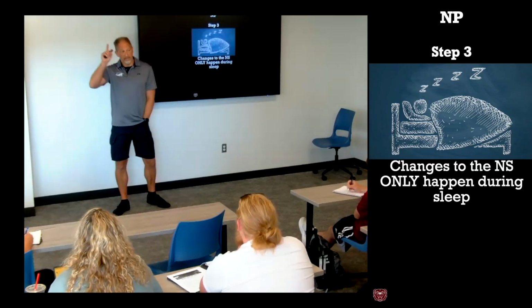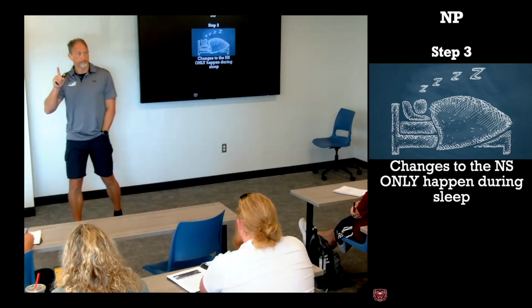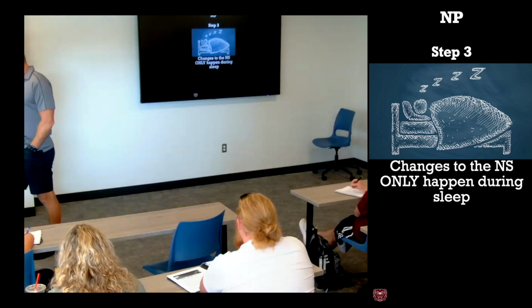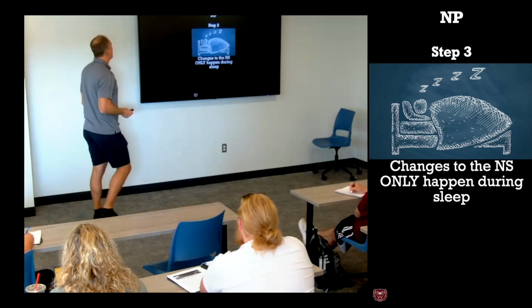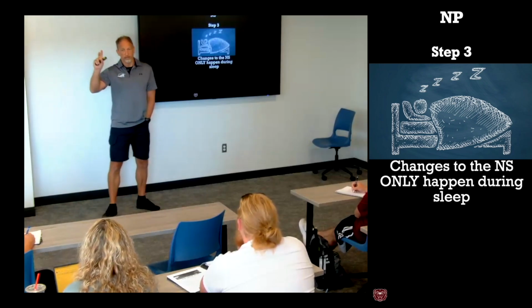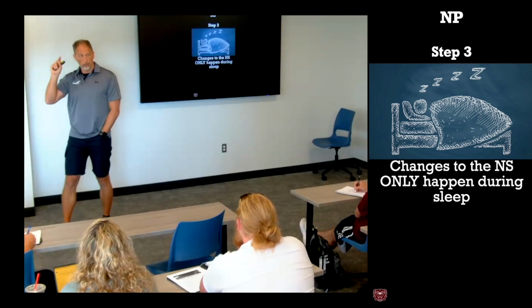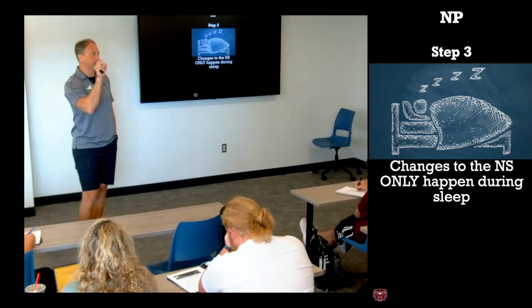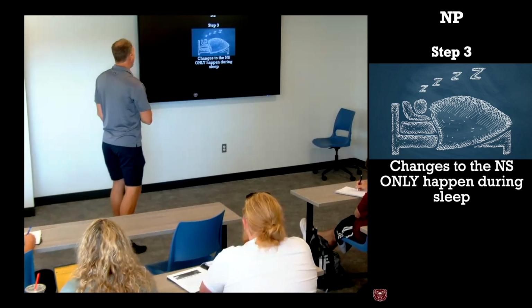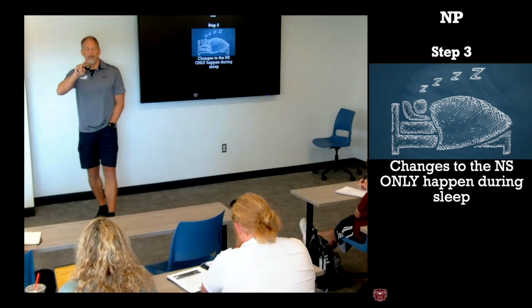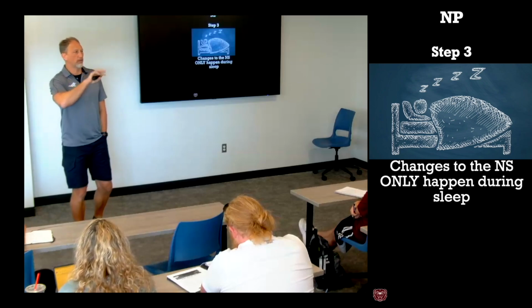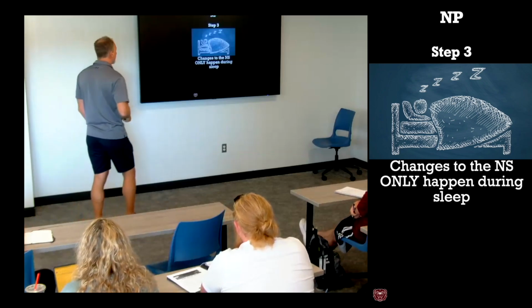Step 3. So step 1, create frustration. Create the frustration, release the epinephrine. Step 2 was dopamine. I'm sorry, step 2 is the acetylcholine, which leads to the dopamine. We have to get our repetitions. You might think that we've already started the process of neuroplasticity.